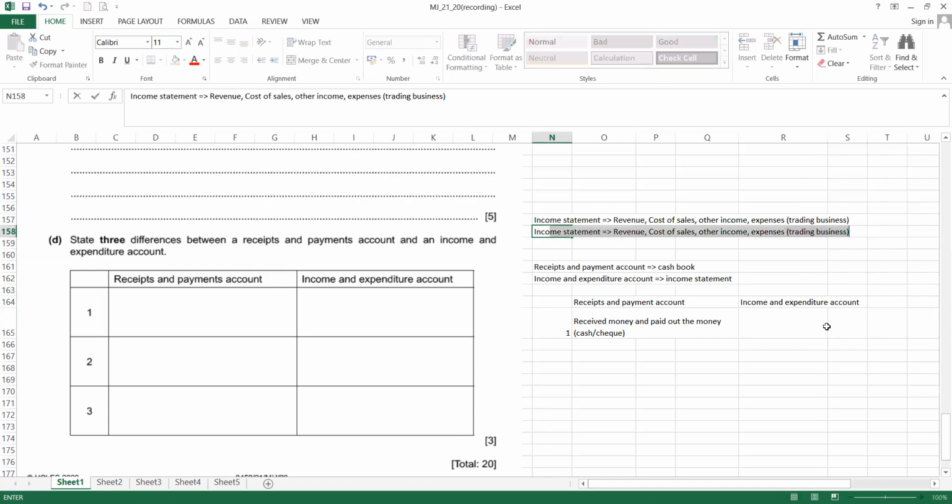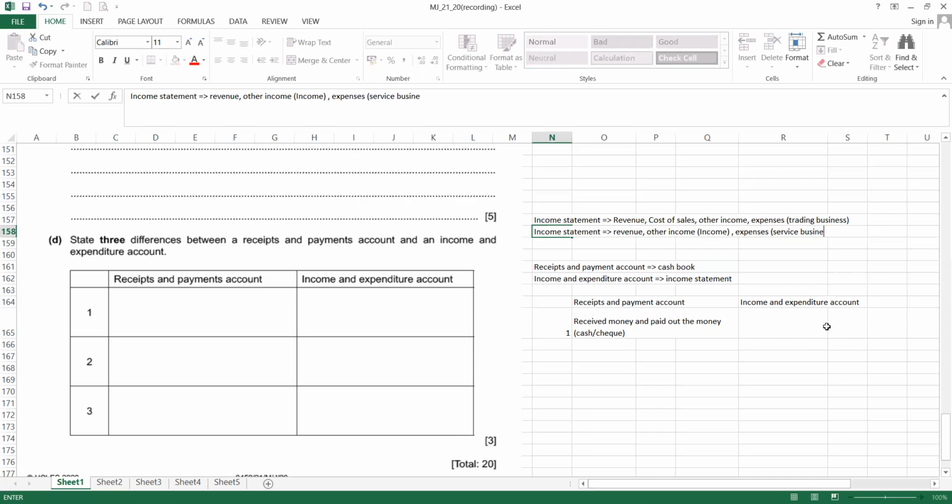But for another business we call service business, we only have revenue, which is the main source of income, and then other income, or sometimes we group into 2, which is we just put income section, and expenses. So this is the service business.